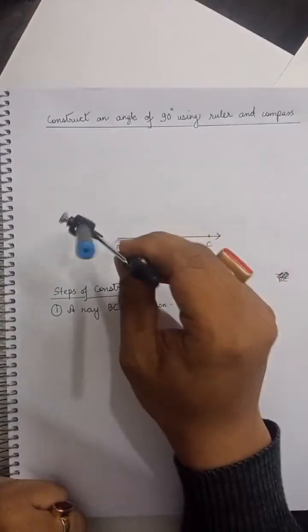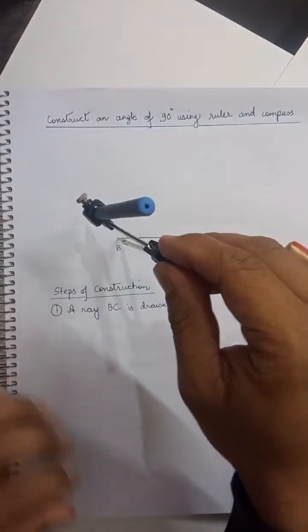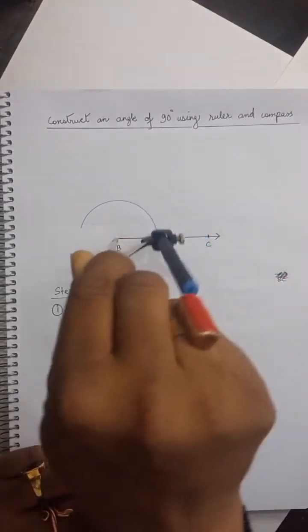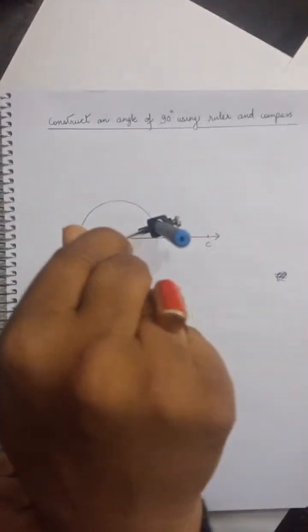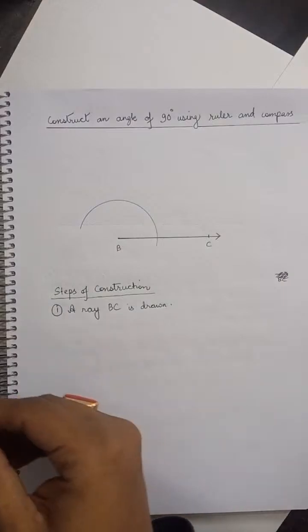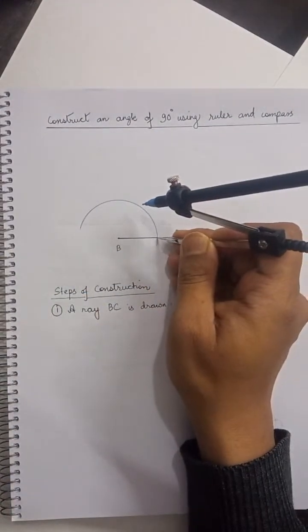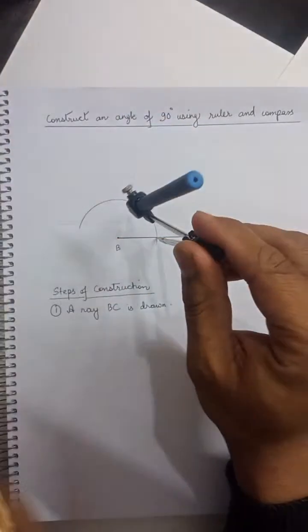We place the compass tip here and draw an arc. Without changing, we place the compass tip here and draw one more arc.